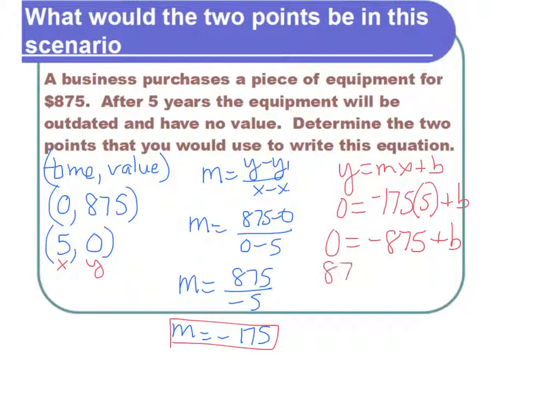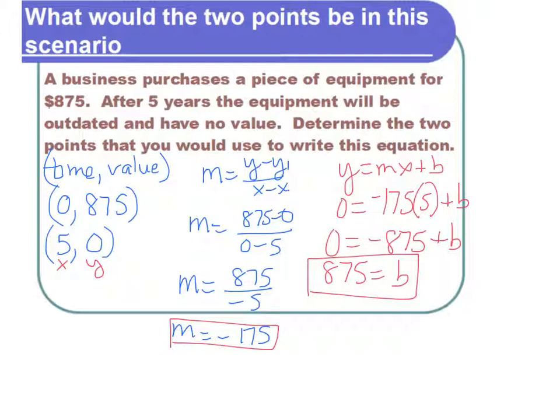Add the 875 to the other side. I get an initial value of b for b of 875. But look, doesn't that kind of make sense over here? That it initially cost $875? Yes, okay, so that should make sense to you. I went through the algebra, but it's a little bit of common sense there as well.